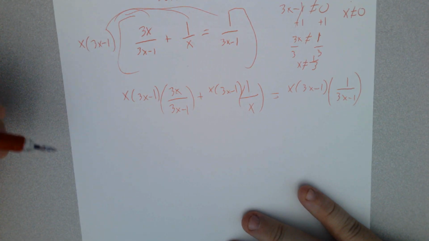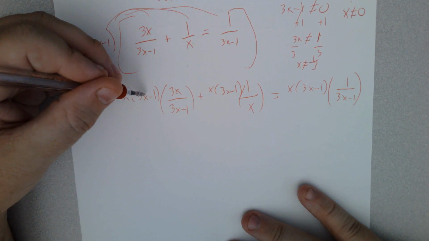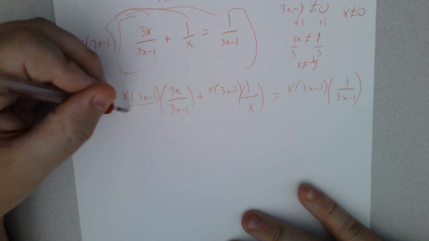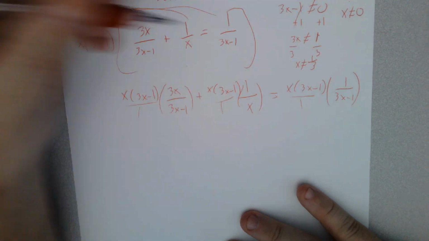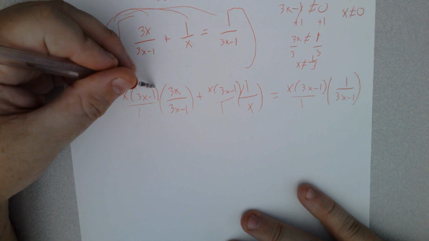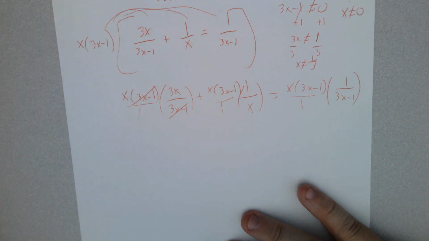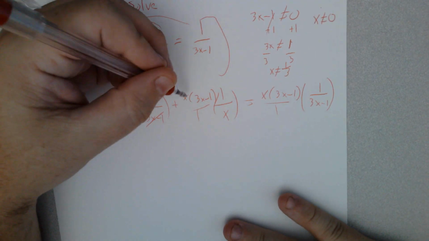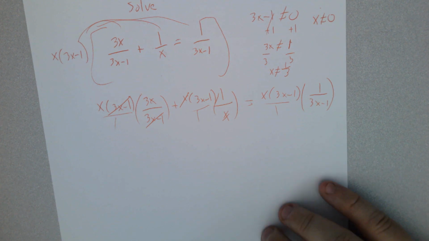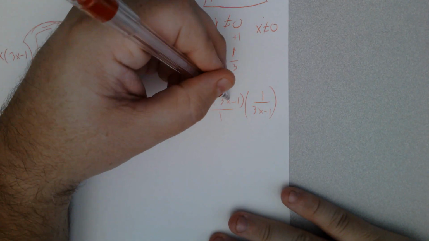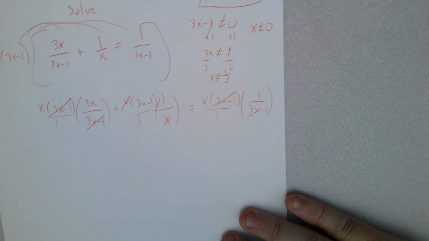So essentially, we can think of these as all being over 1 if that's helpful to you. But yeah, the 3x minus 1 in the numerator and in the denominator can be canceled. Same here with the x, 1 in the numerator, 1 in the denominator, and in this last term, the 3x minus 1 again.